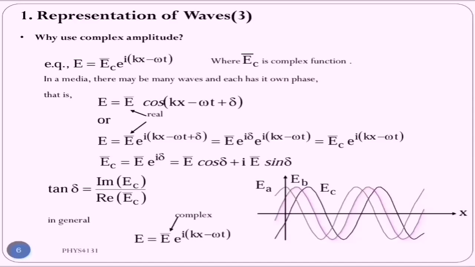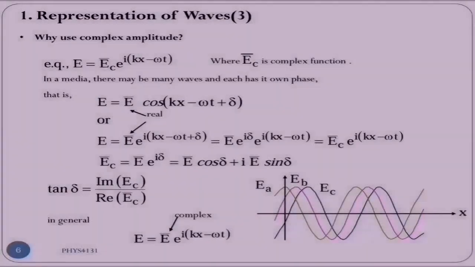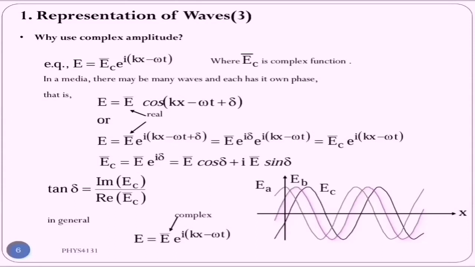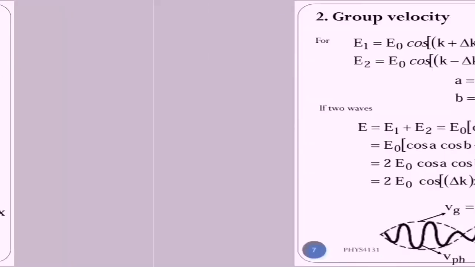In general, the electric field is equal to EC e to the power i(kx minus omega t). EC is a complex amplitude because if there are many waves in a medium and they have different phases, then we get the complex amplitude, which we represent here as EC.